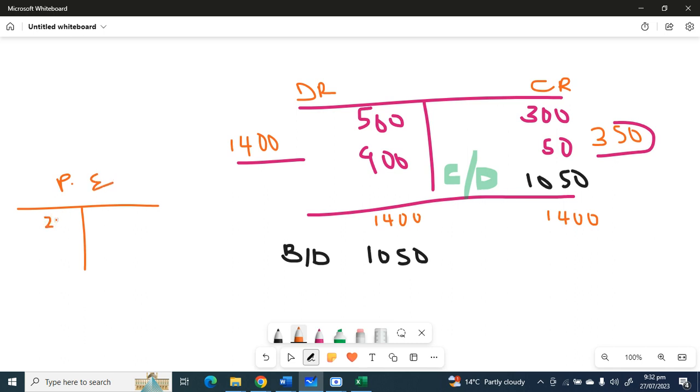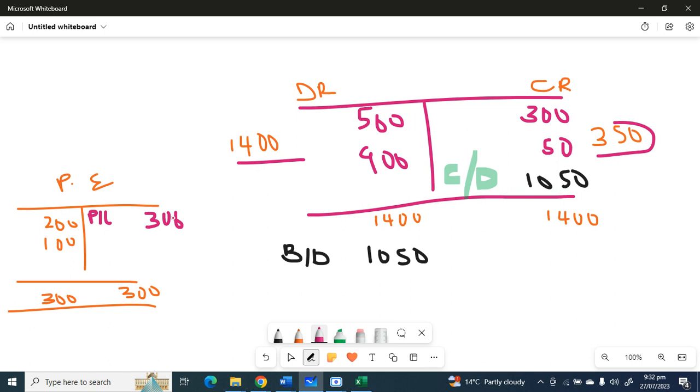Here I've got 200 and 100, right? You total up. You see, credit side is nothing, debit side 300. So the higher amount obviously is the 300. So to close this account, you're just going to credit, you say profit or loss, you credit this account 300, right? And the account is closed.